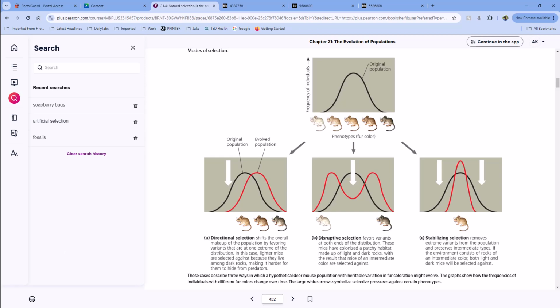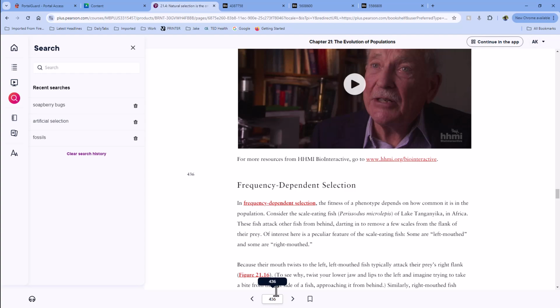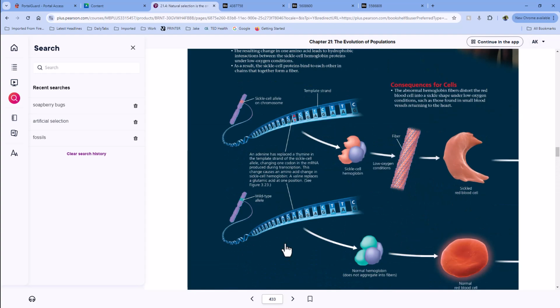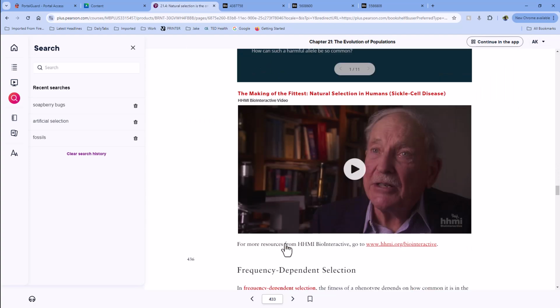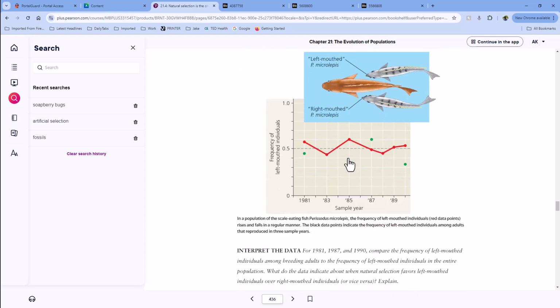And then the frequency selection are the left and right mouthed fish, which you'll see on page 436. And there was our allele with the malaria, the heterozygous advantage. And then here is the frequency dependent selection with our scale eating fish, left and right mouth.